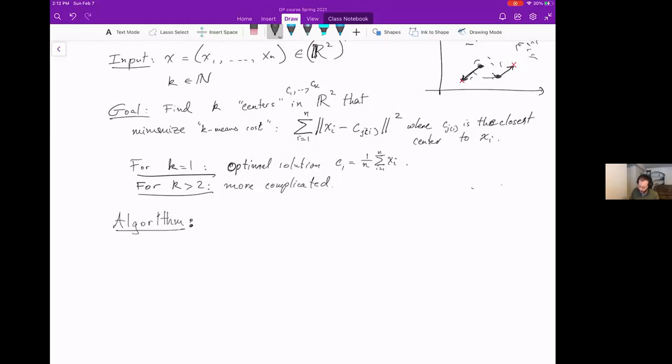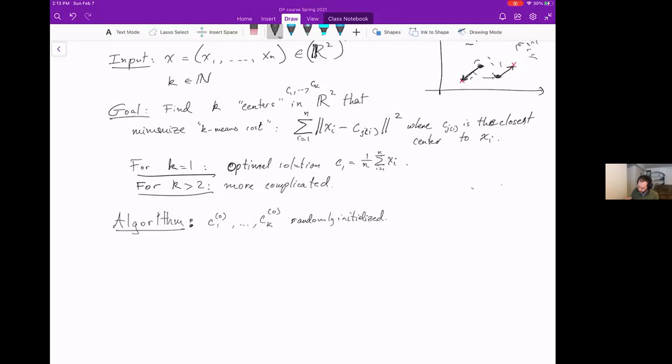So here's our algorithm. We'll start with some centers, which we'll call the centers with superscript 0. They'll just be randomly initialized. Often in practice, they'll be generated by picking points from the data set, but that's not how we're going to do it.